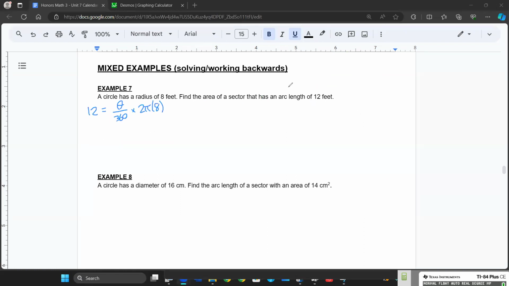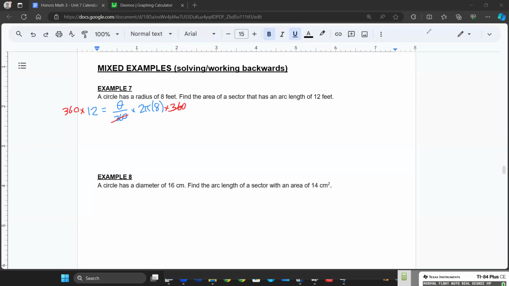To help, I cleared all the rest of the stuff out so we can just focus on this equation right here. Since we're trying to solve for theta, we have to get rid of this 360 and the 2 pi 8. We can multiply both sides by 360. That gives you 360 times 12 on one side, and on the other side I get rid of the 360 on the fraction.